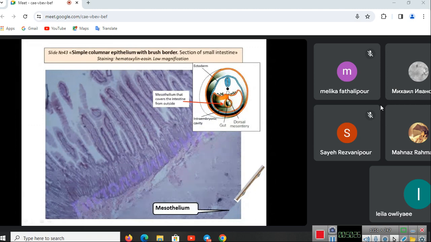And the intestine is covered from outside with mesothelium, red line here. So this is the section of the wall of intestine. Lumen is here, internal surface is here, and here is the external surface, outer surface, and it is covered with mesothelium, which will look like this.